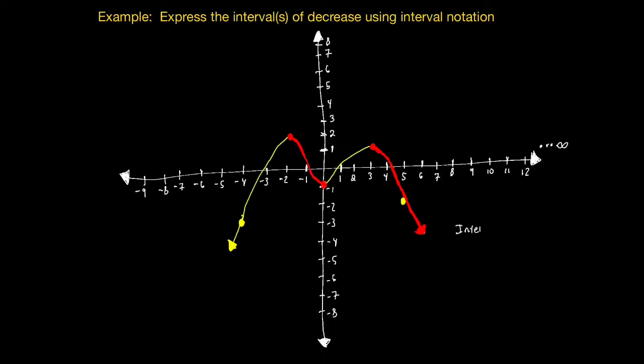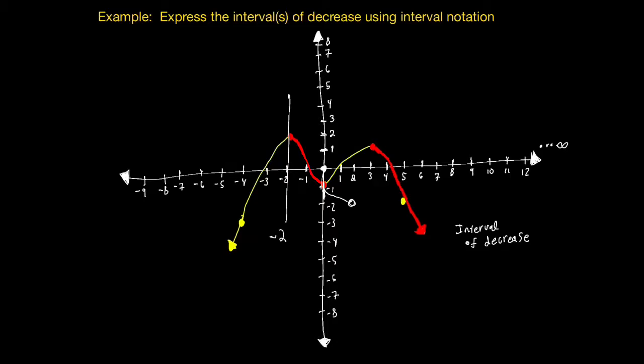The interval of decrease is going to be a union because we have two areas that decrease, beginning here at -2 and ending at 0. At 0 because here that's the origin right there.